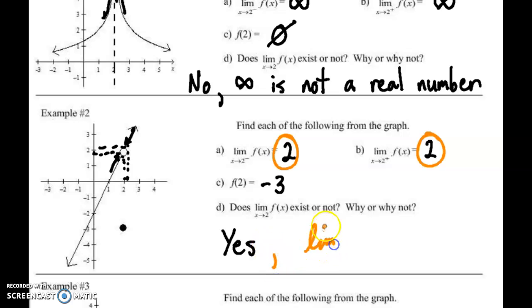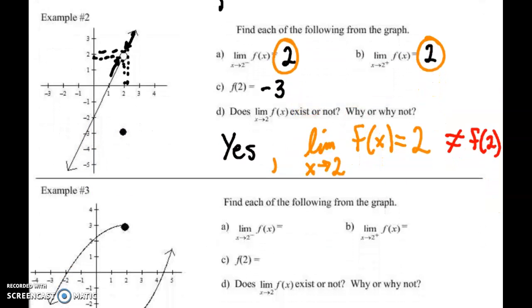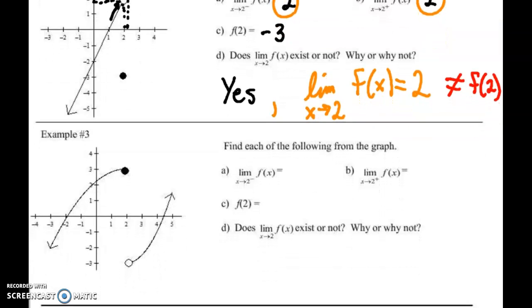We can say the limit as x approaches 2 of this function is equal to 2. Now notice, let me go to red for a second. It does not have to equal f of 2, because f of 2 was this closed dot, -3. So as far as our limit definition, we're good so far.